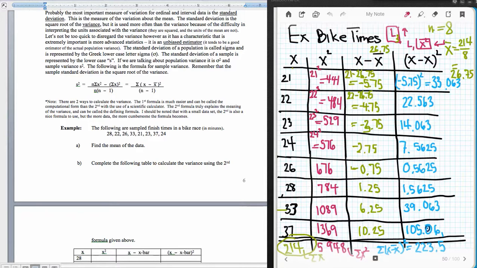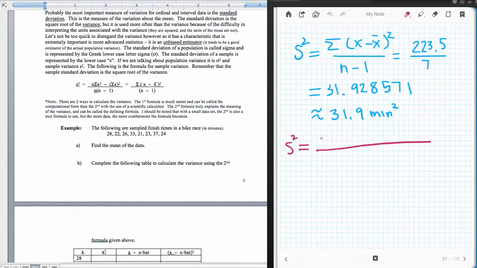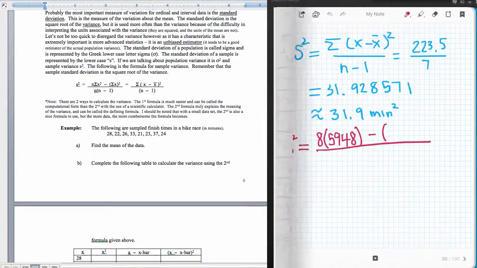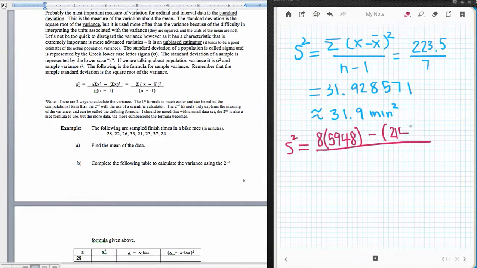So n, which is 8, times the 5948, which came from your one variable statistics on the original data, minus the sum of the x's, which was 214, and that value squared, all over n times n minus 1. The only values that you have to put in are 8 times 5948 and 214 squared, and then the difference of those.